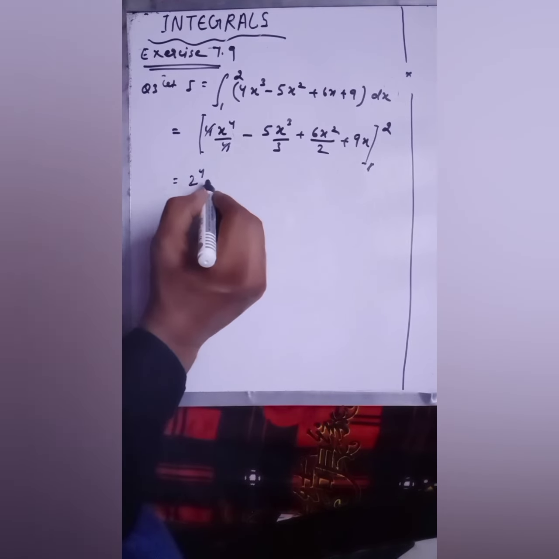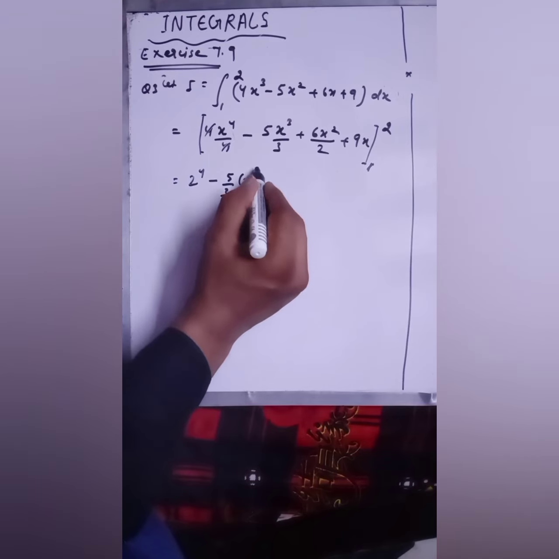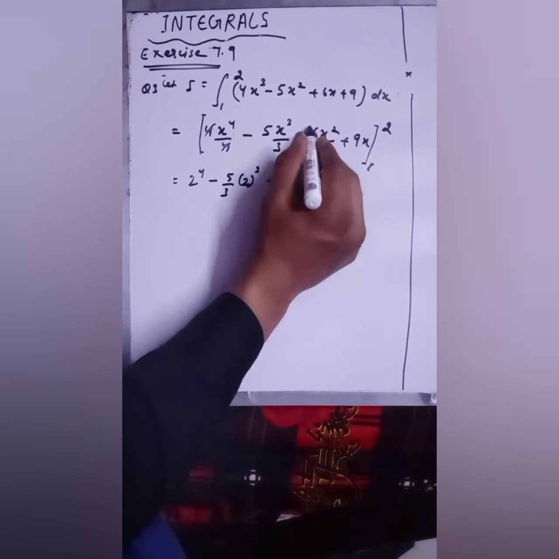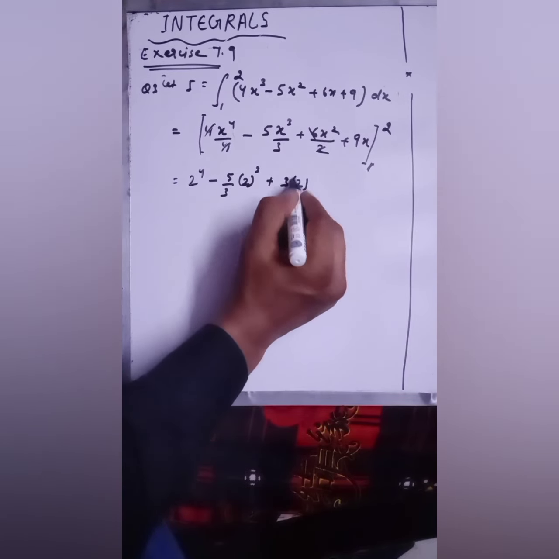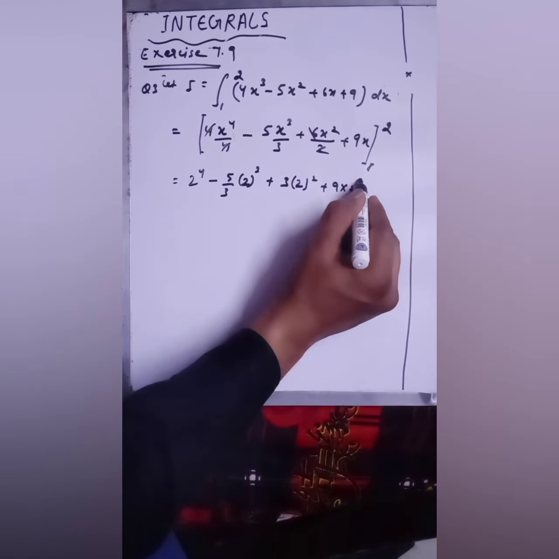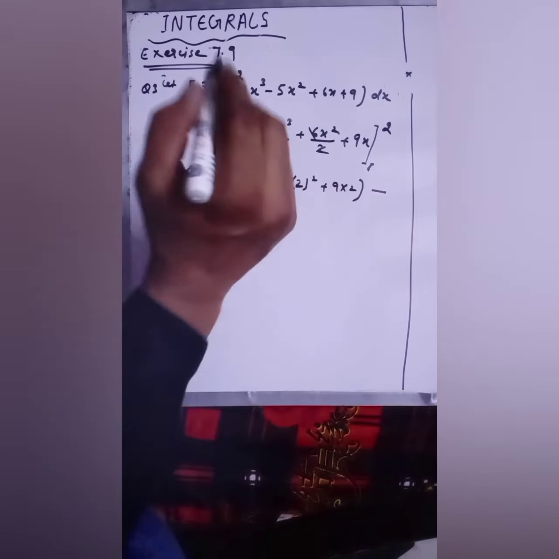This is 2 raised to power 4 minus 5 by 3 and 2 raised to power 3 plus this is 3 also. This and this will cancel out, and 2 raised to power 2 plus 9 into 2. Okay, this value minus, then you have to put this value.